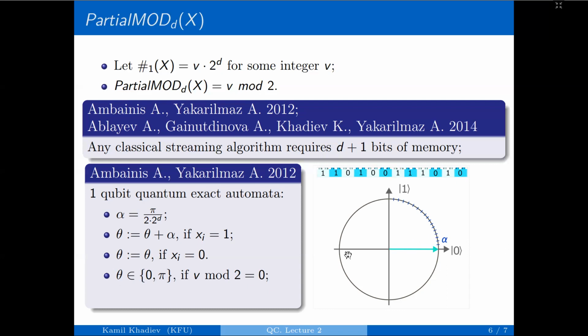You can see that after each block of 2 to the d, the point will be in one of two positions. If v mod 2 is 0, then it will be at 0 or pi. And if v mod 2 is 1, then the position is pi over 2 or 3 pi over 2.